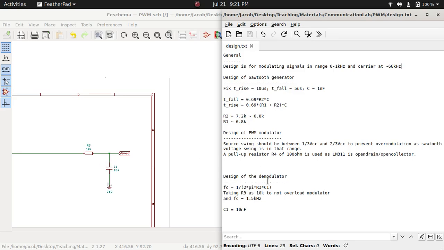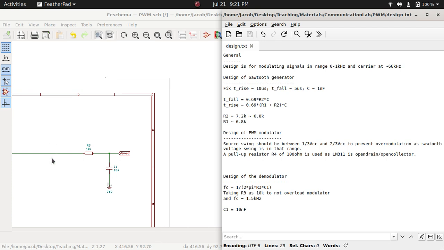So the demodulator, the fundamental equation is the cutoff frequency equation for this RC filter. This is the low pass filter, and for this RC low pass filter, the cutoff frequency is governed by the equation 1/2πRC. We are taking R3 to be 10 kilo ohm in order not to overload the modulator.